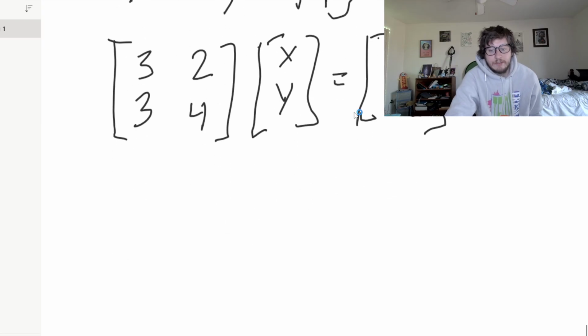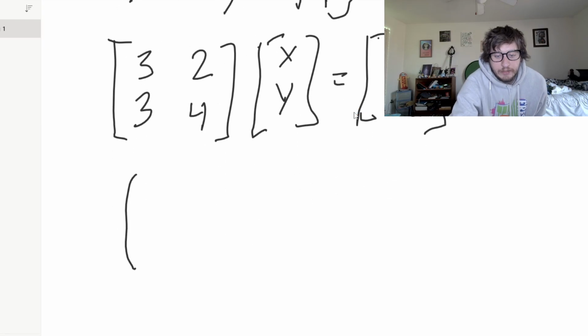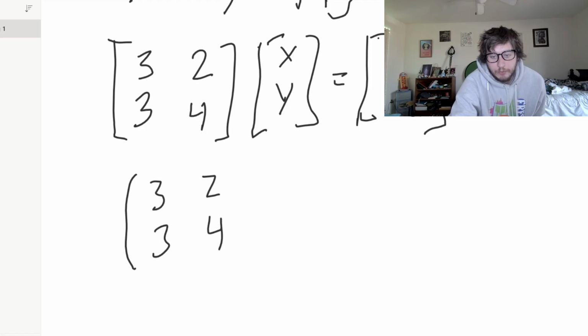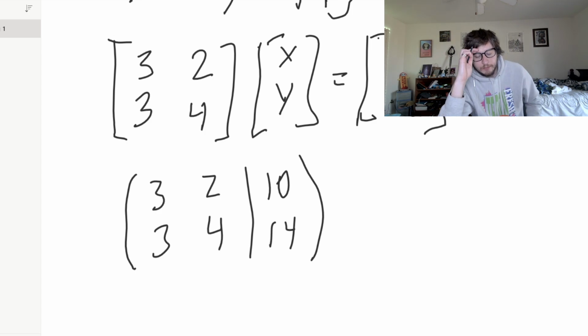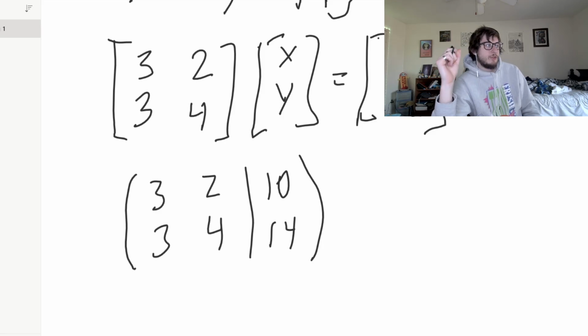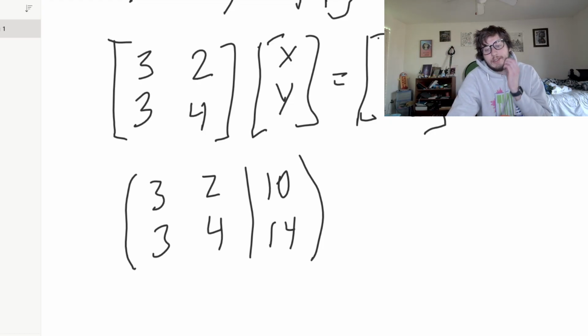when we get it in this form, we can set it up in a different way here. We can go 3, 3, 2, 4, 10, 14. And what we can do is called the row reduced echelon form.